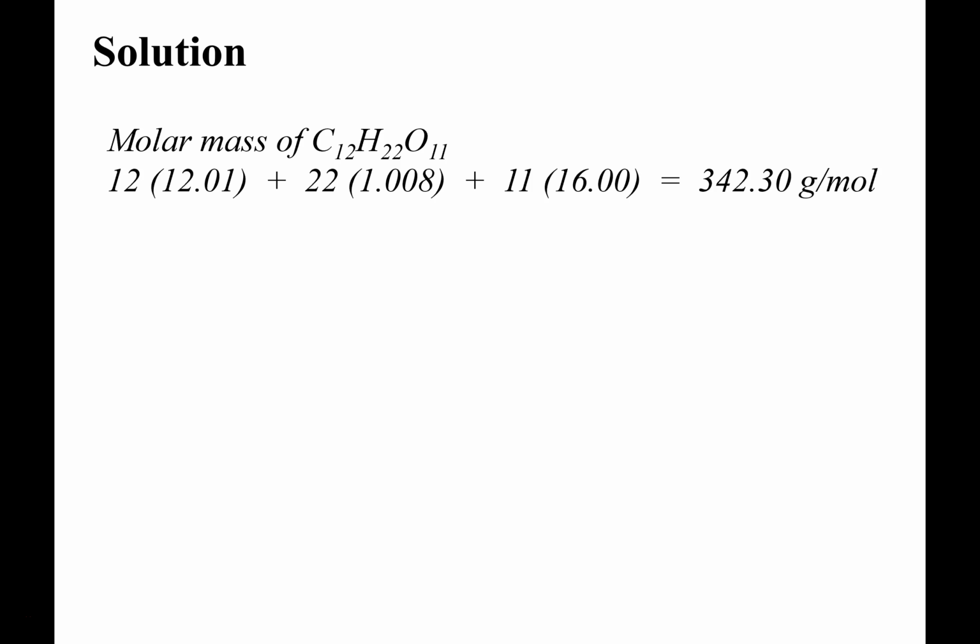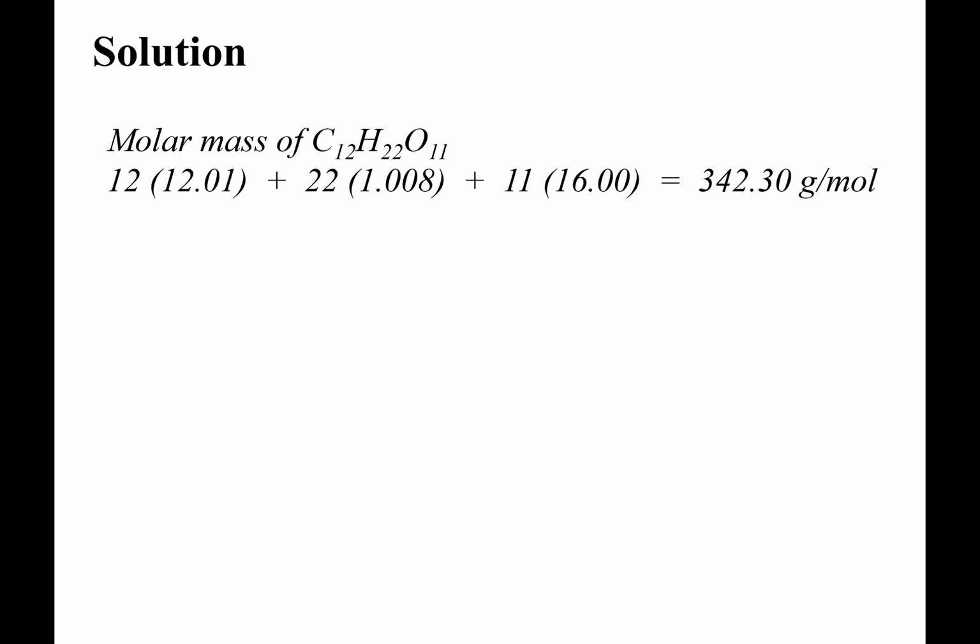So as a side, we knock out the molar mass. Molar mass is 12 carbons, so 12 times 12.01, plus 22 hydrogens, 22 times 1.008, plus 11 oxygens, 11 times 16.00.